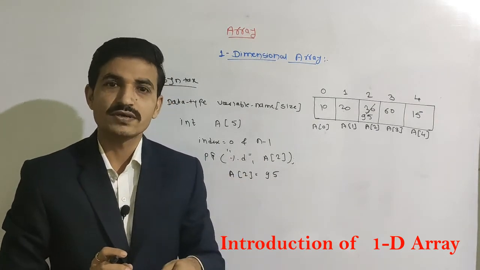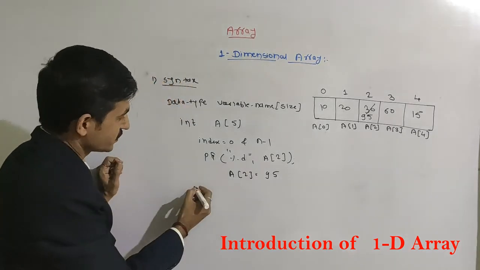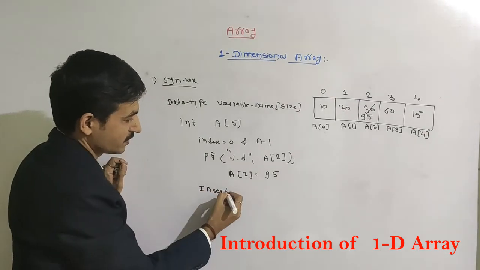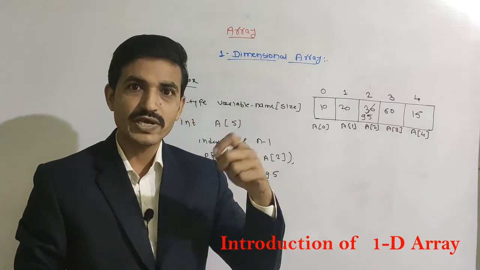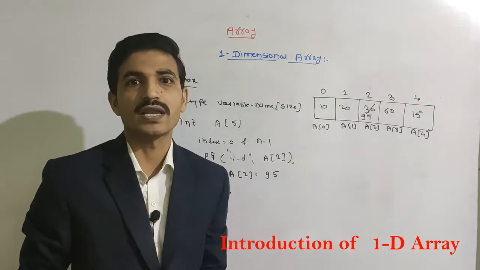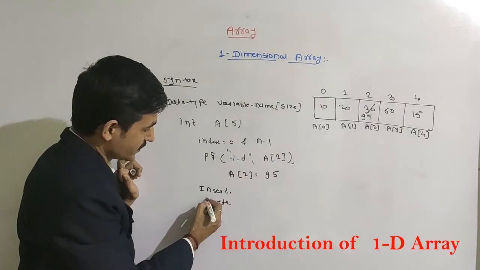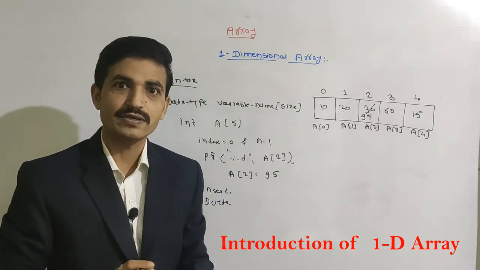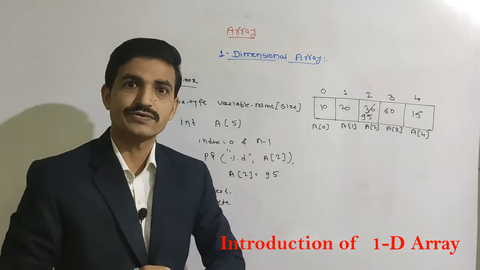Now there are various operations that we can carry out on the array. The first operation is we can insert an element at any index. Either we can insert at the first index, in between, or at the last. Then we can delete an element from the array. It is again similar: we can delete the first element, an element in between the array, or the last element from the array.